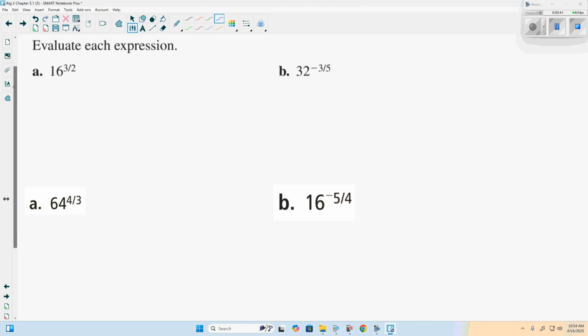So when we look at these here, 16 to the 3 halves. Using this property, we can say that this is the same as 16 to the 1 half to the third.